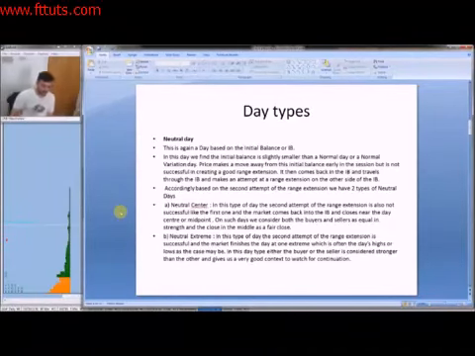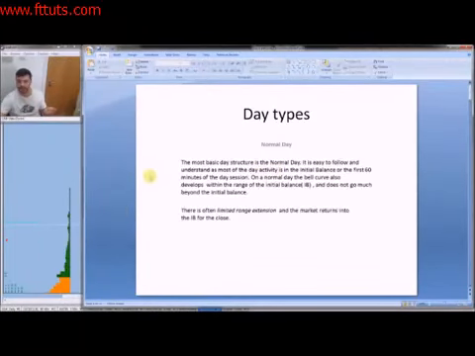The IB, in terms of what you're looking for, tends to be relatively small, not quite as small as on a trend day, but it's not as wide, of course, as on your previous days. When we were talking about our normal days, we're talking about an incredibly wide initial balance.